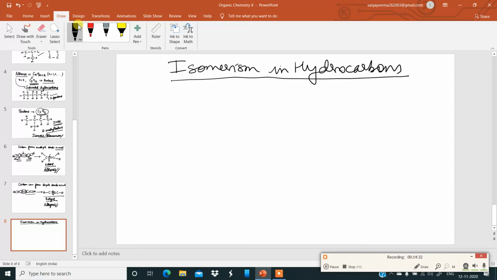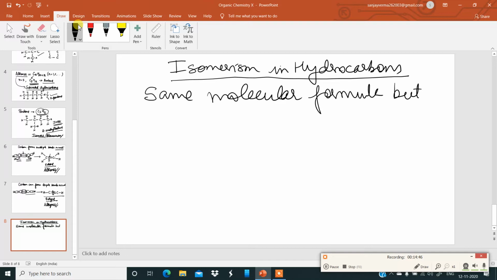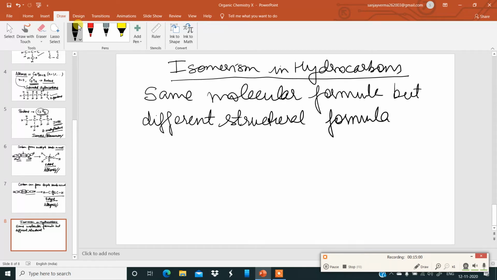It is a phenomenon in which compounds have the same molecular formula but different structural formula. Okay. Now, for hydrocarbons in our syllabus, only structural isomerism is there. Under this, only chain isomerism is important.